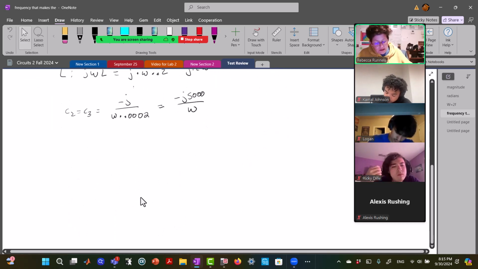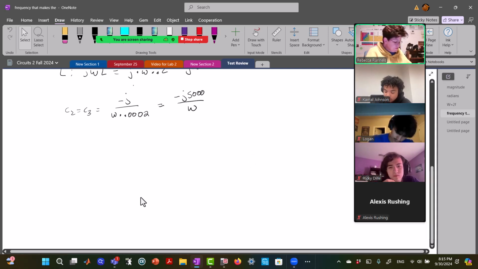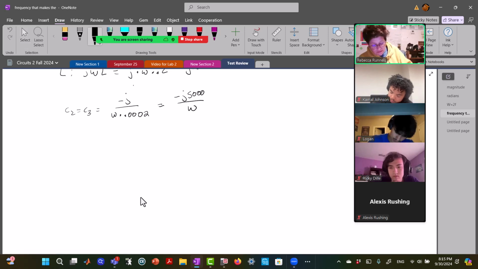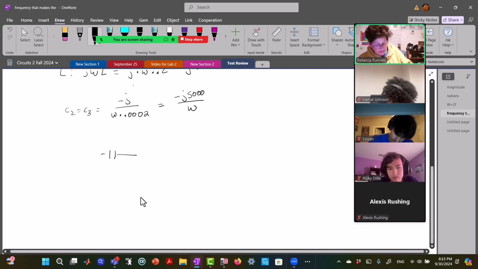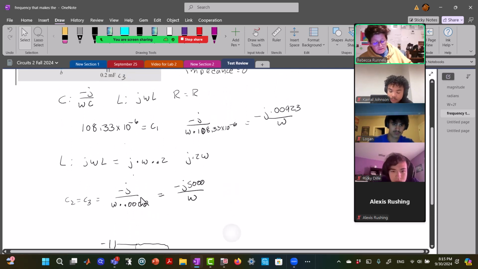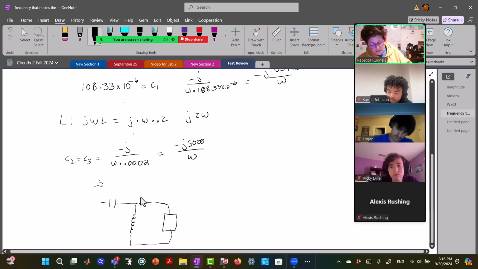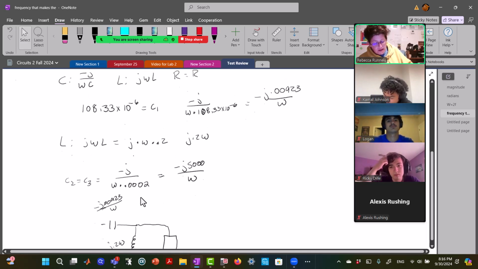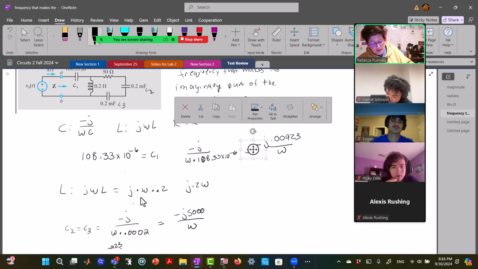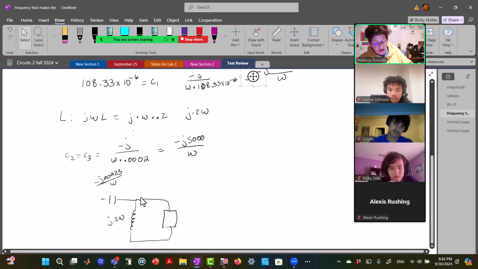Now, when I look at my circuit, I can see that these 3 components are in series. And once I've put them in the phasor domain, I can just add them up.